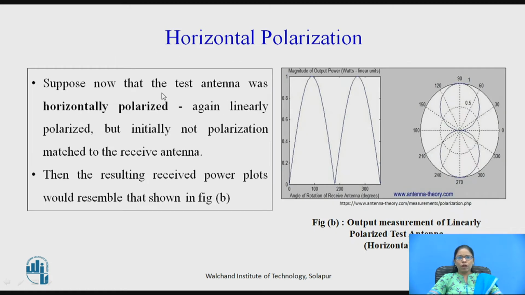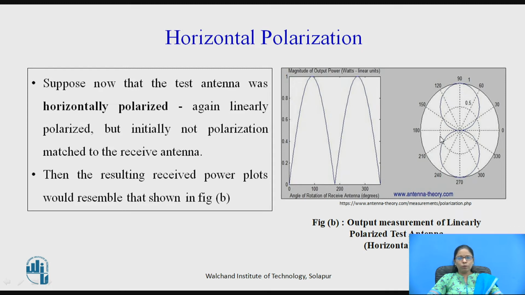Now, if the test antenna is horizontally polarized, and on the receiving side you again rotate the antenna and take the readings, and your receiving antenna gives a plot like this, you understand that it is linear polarization.